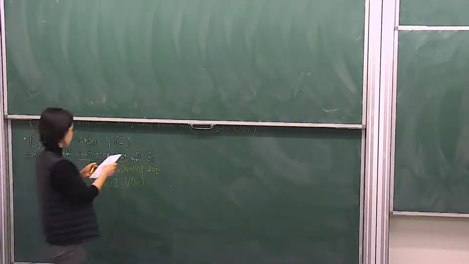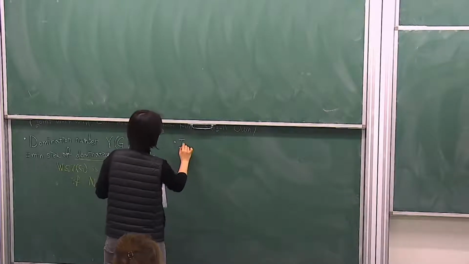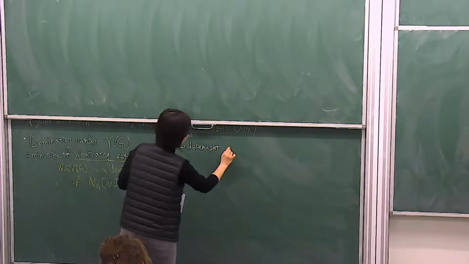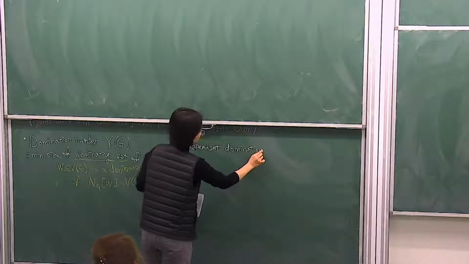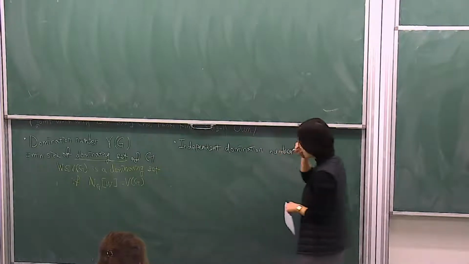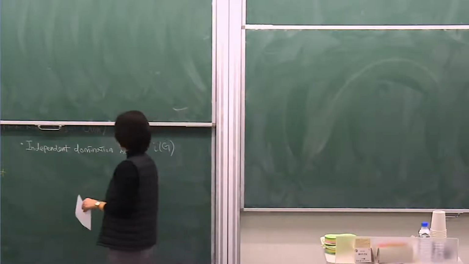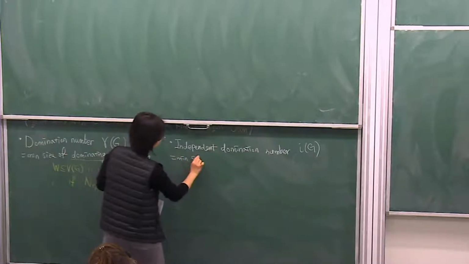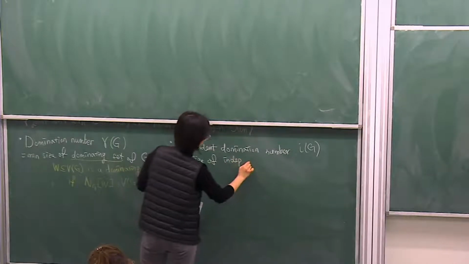And now I want to consider the independent domination number. I'll denote it i of G. Similarly, it is the minimum size of an independent dominating set.